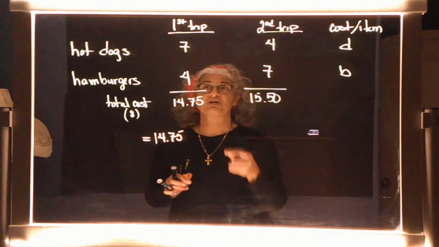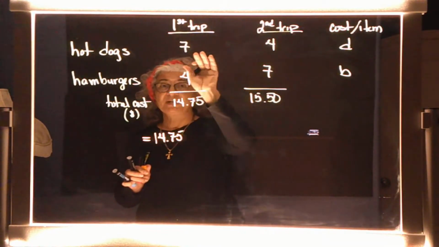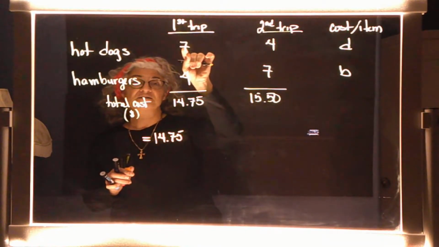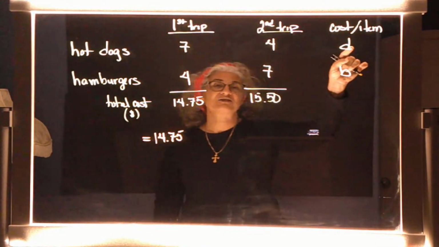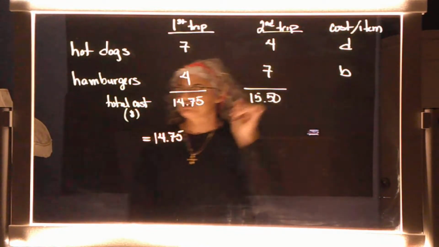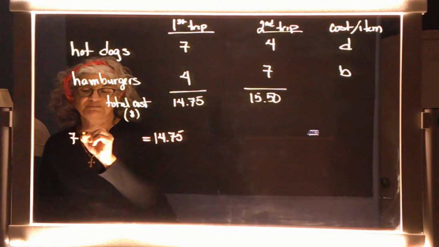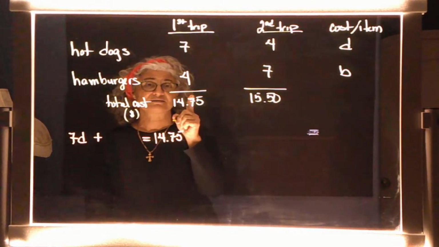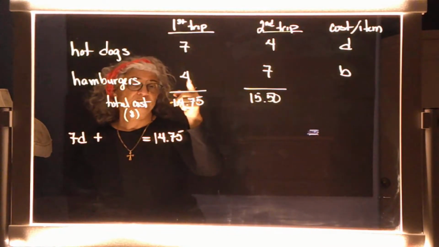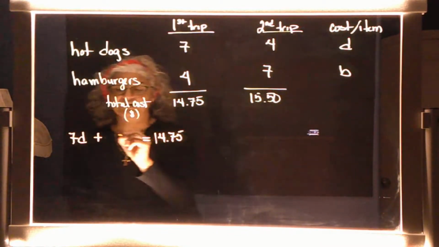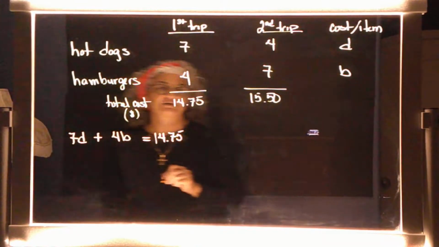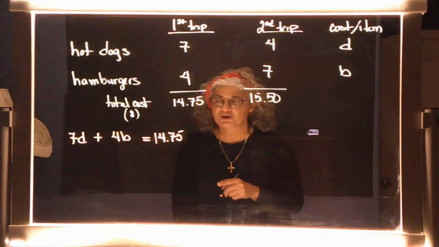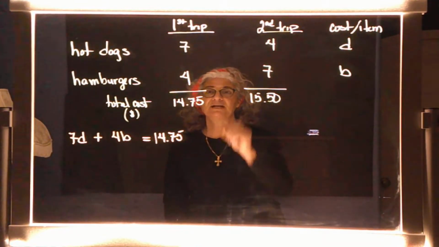So on this first trip, they bought 7 hot dogs at this cost, right? Good. So you got to do the amount that they bought times the cost, and add to it the number of hamburgers they bought times the cost. Make sense? Good.